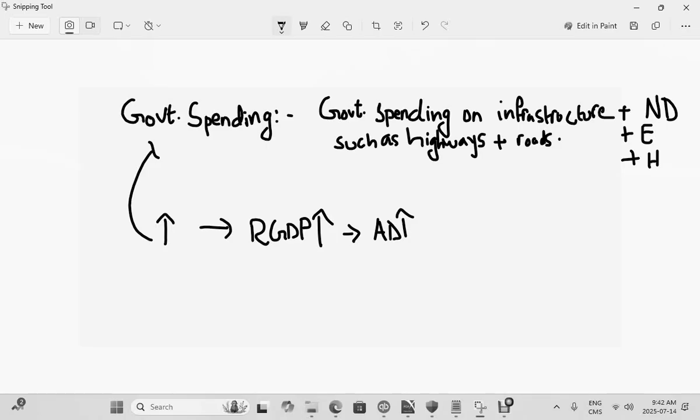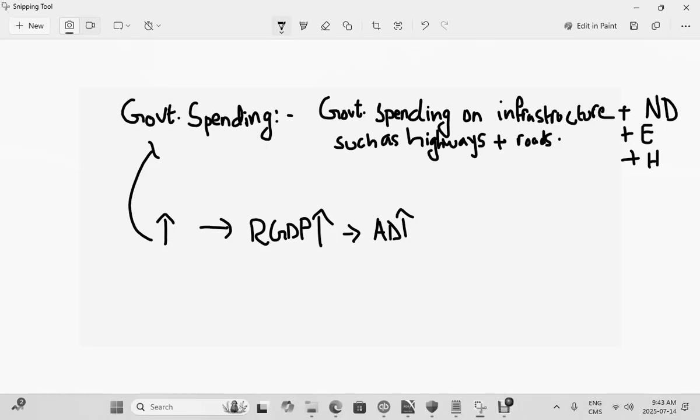This will increase consumption, and as consumption goes up, real GDP goes up. Likewise, the government may add additional taxes, which will reduce consumption, real GDP, and aggregate demand.